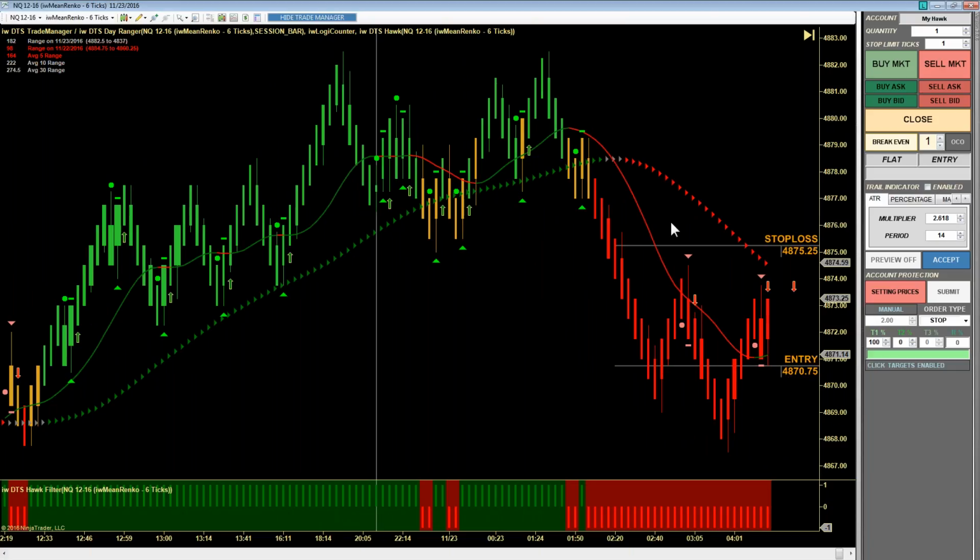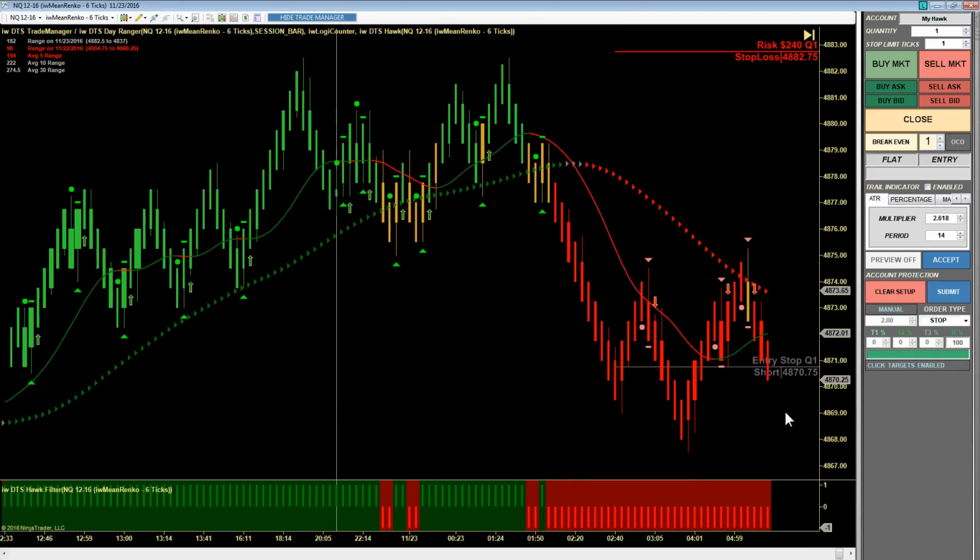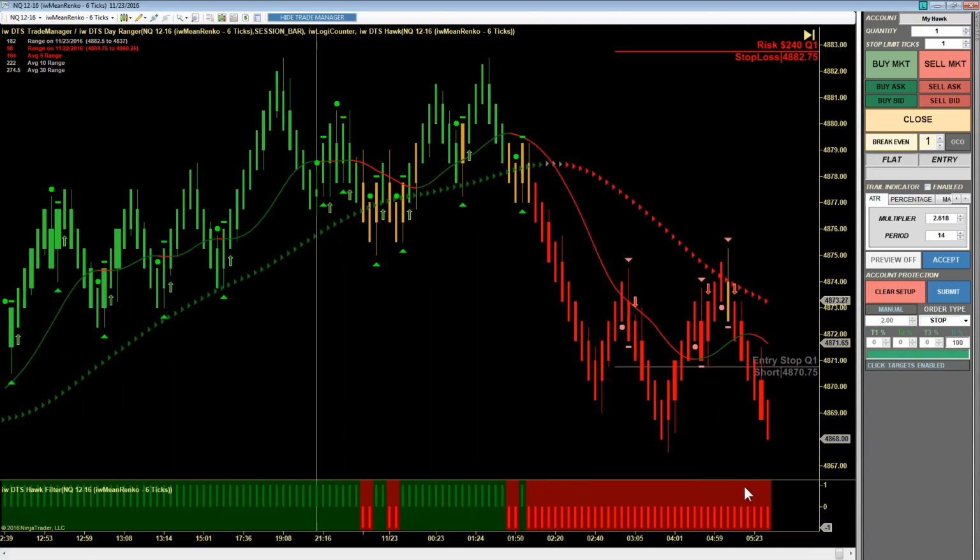The pros set up their trade like this, where they set up their trade, they give their trade a chance, the market brings them in, and then the market starts to go in their favor. Now, the pro trader says, this is my risk.